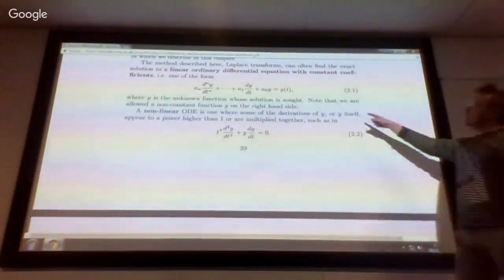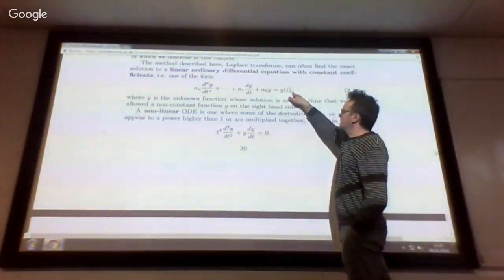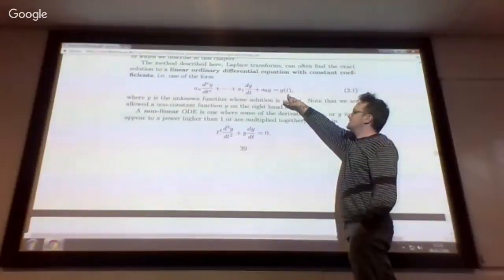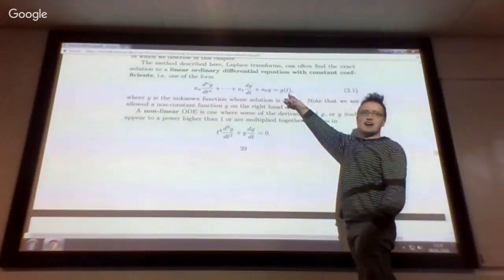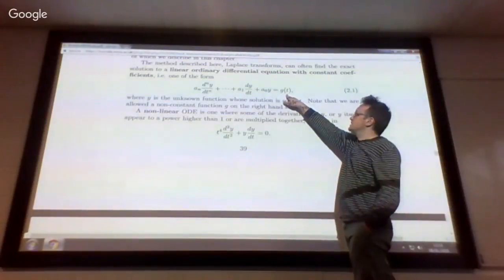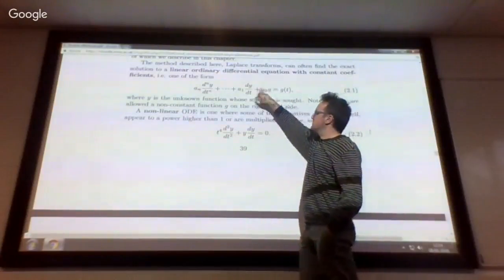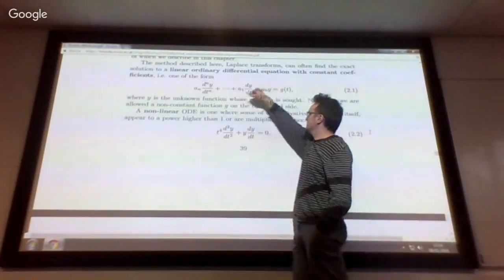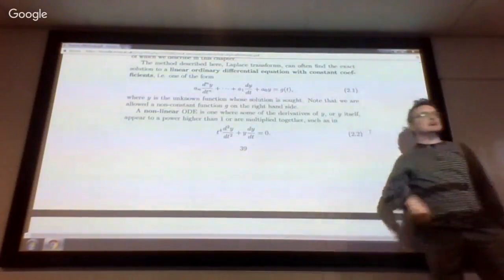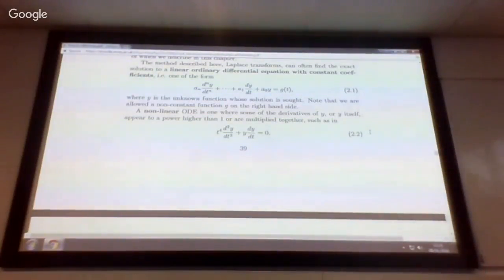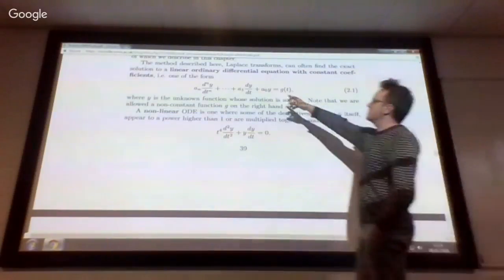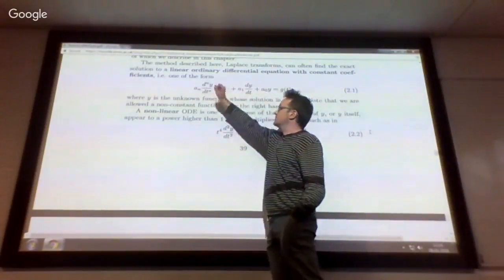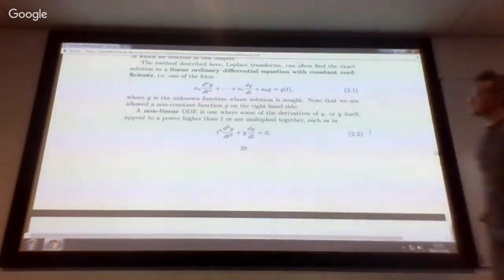We will allow a non-constant term on the right hand side, so to speak. The term in the equation which doesn't involve y or any of its derivatives, we will allow to be a function of t itself, the variable itself. But all the other coefficients, a0, a1, up to an, are going to be constant.